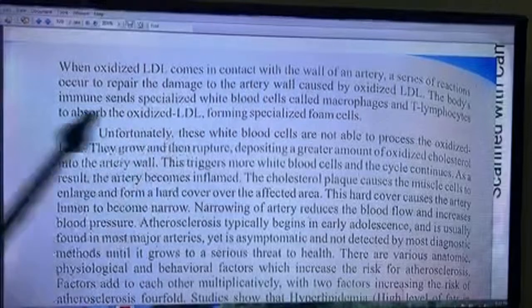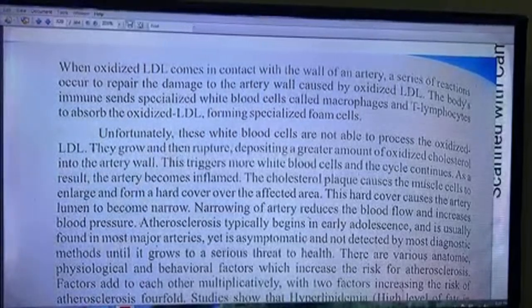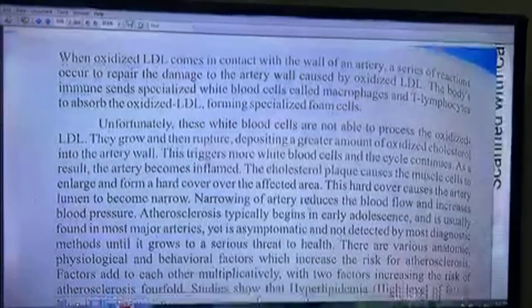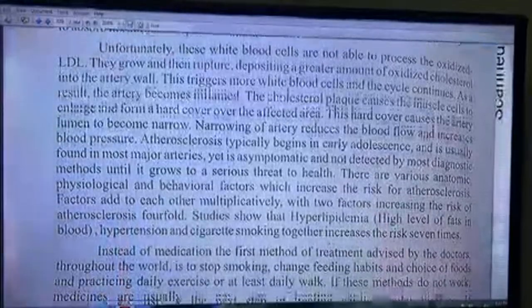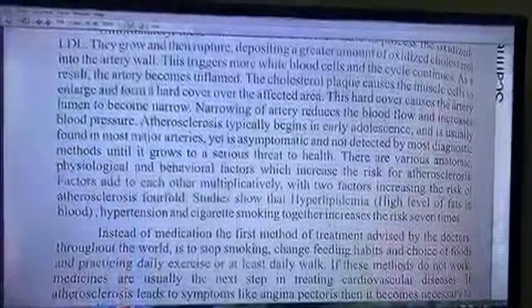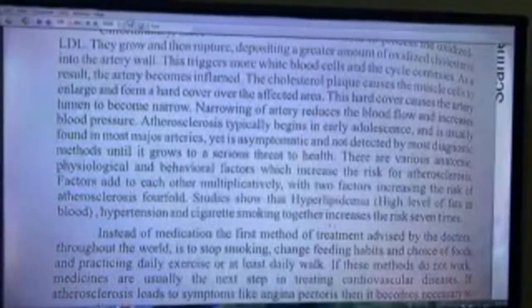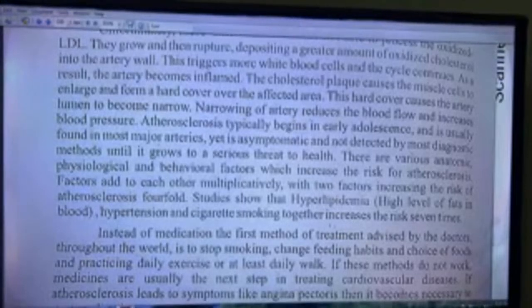These are lipids, cholesterol. Unfortunately, these white blood cells are not able to process oxidized LDL. They grow and then rupture, depositing a greater amount of oxidized cholesterol into the artery wall. This triggers more white blood cells and the cycle continues.